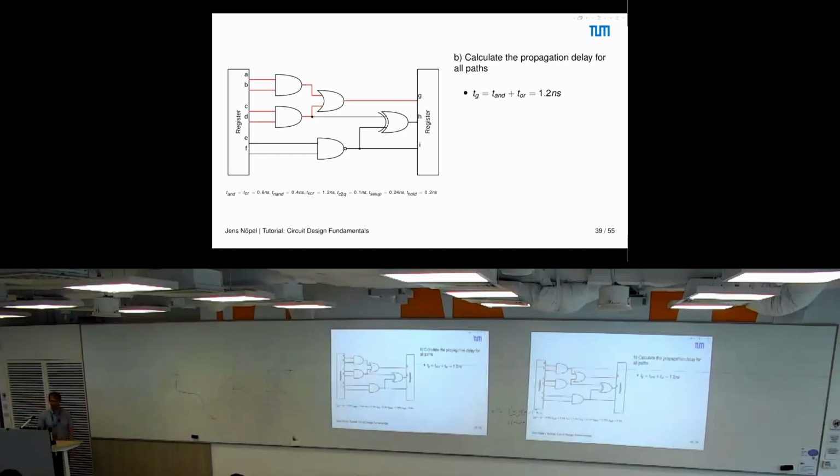So for H, which is the path for H? Now the question is, you have this path here and this path. Is this one longer, or is this one longer? One idea is to calculate the delay for one path and then for the other path and compare the results.